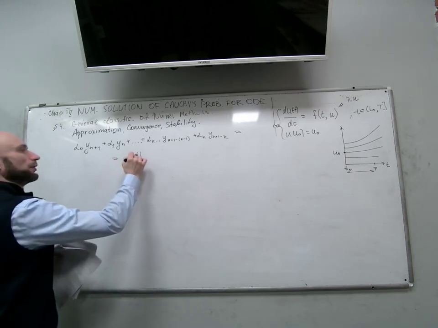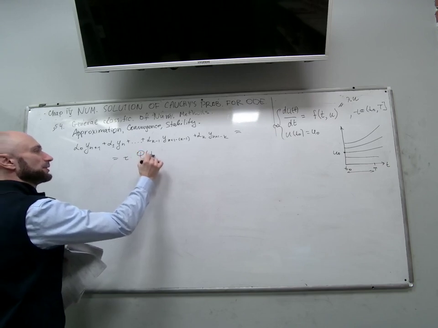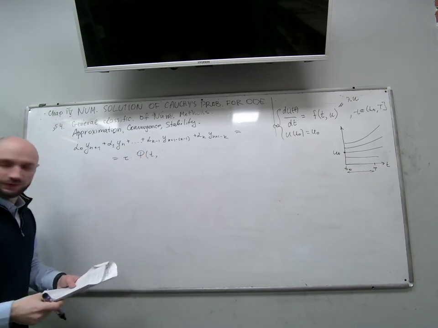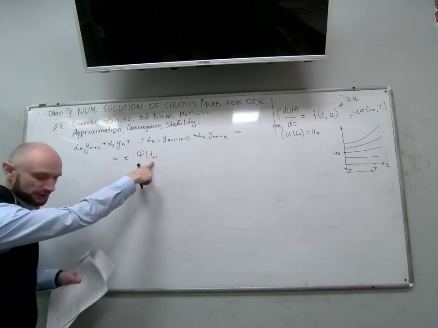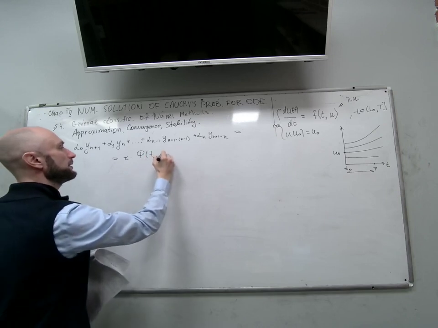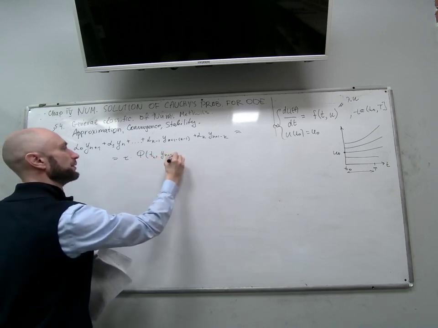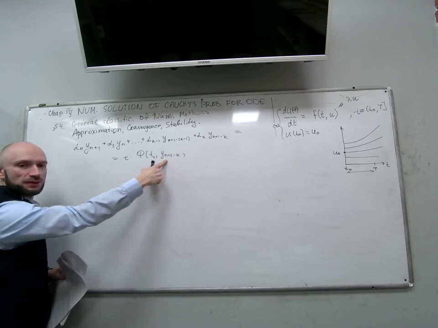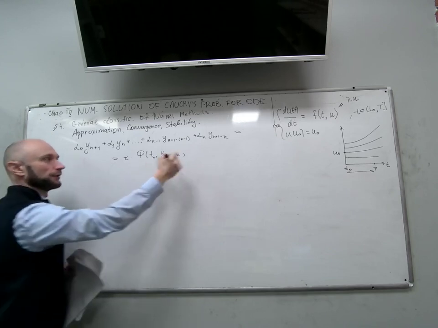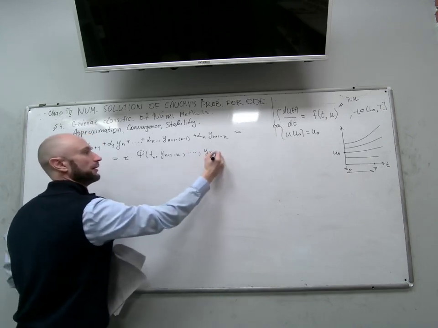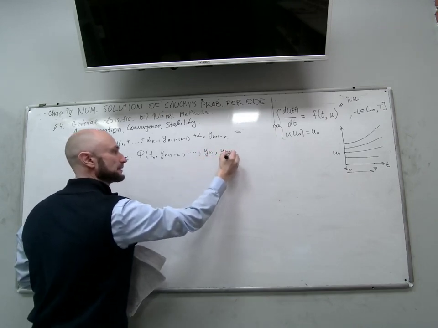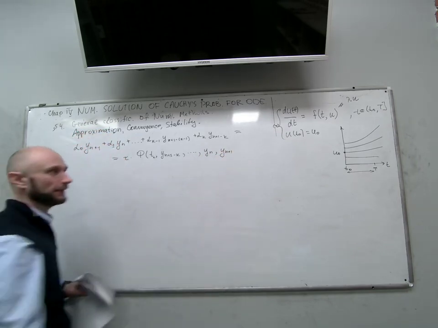So, generally speaking, it's going to be some function phi depending on the previous time step and previous computed values of the unknown, up to this, and maybe even this. We've seen this already, right?